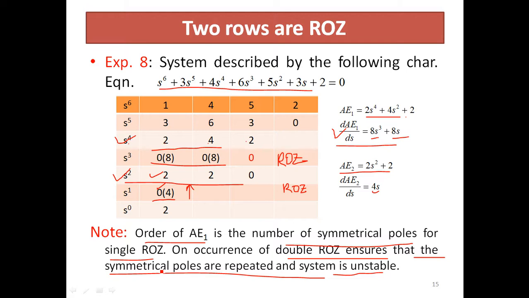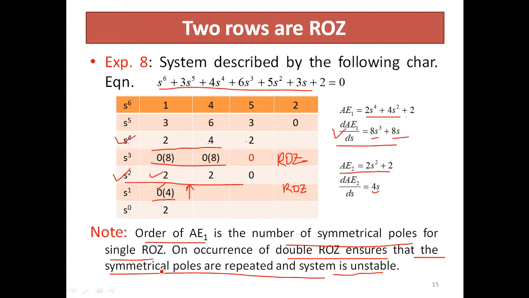Another aspect you can make a note of is that if 2 ROZ are appearing in the Routh array, in that case roots would be repeated and lying on the imaginary axis symmetric to origin.